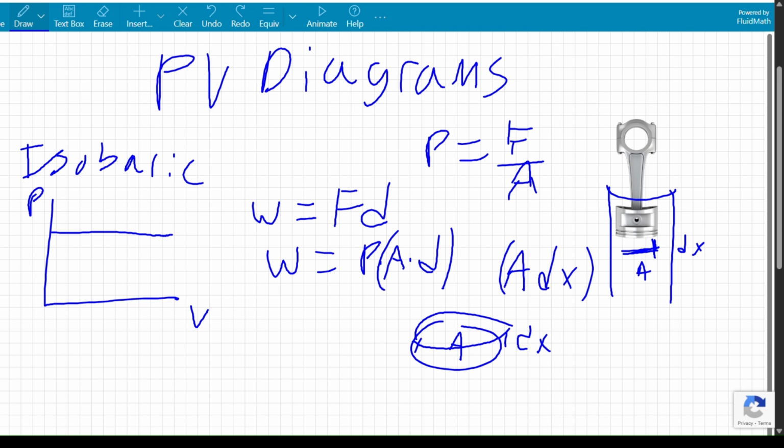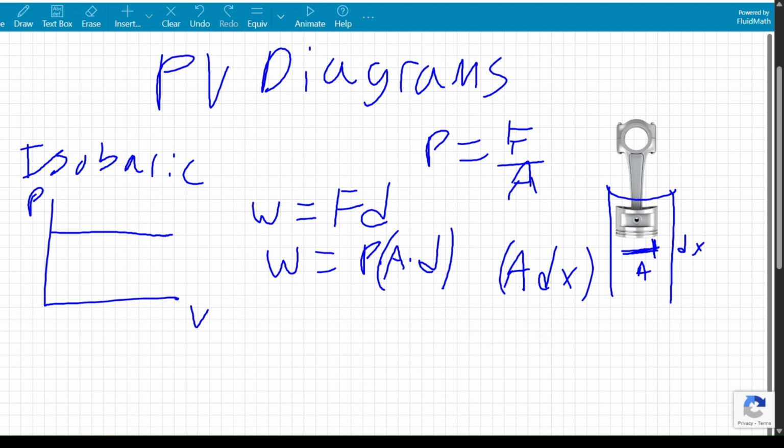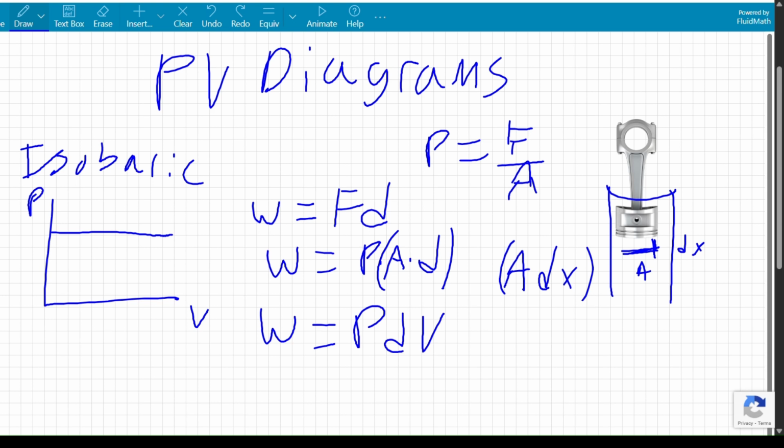Because area times, this is essentially base times height, which gives us a volume. So if we do all this again, we can rewrite this as work is equal to the pressure times dV, where V is volume.